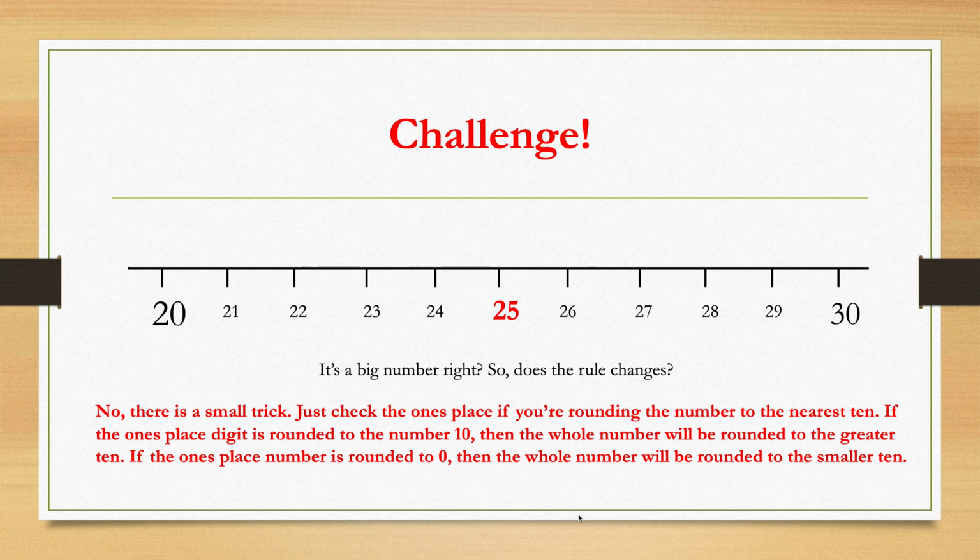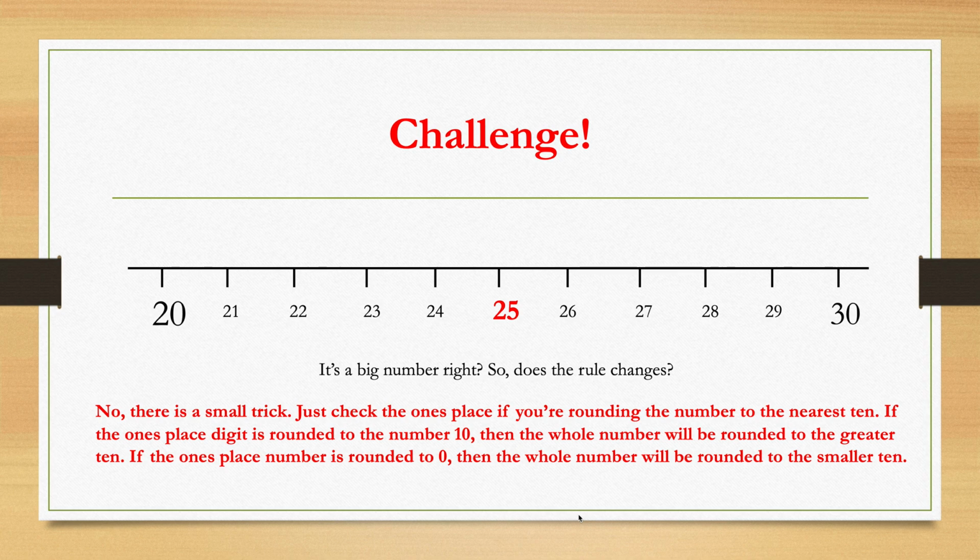Just check the ones place if you're rounding the number to the nearest 10. If the ones place digit is rounded to 10, then the whole number will be rounded to the greater 10. If the ones place number is rounded to 0, then the whole number will be rounded to the smaller 10.